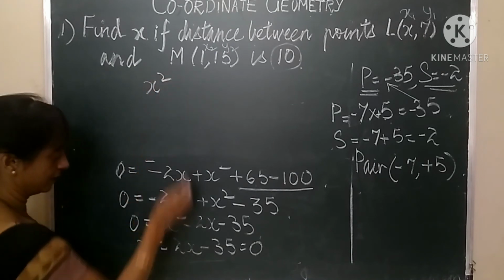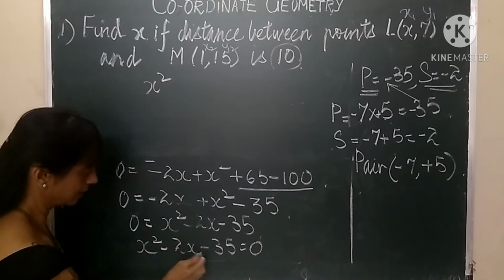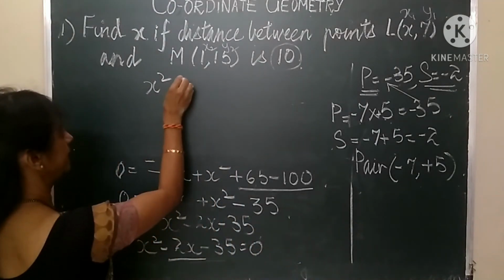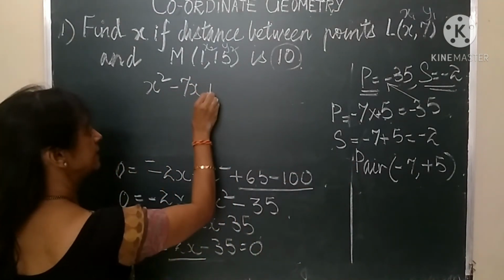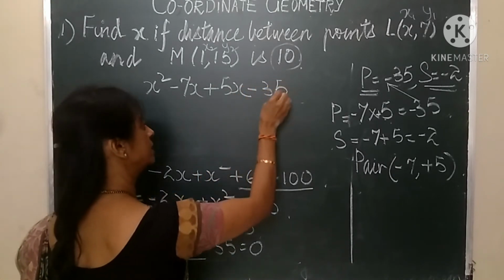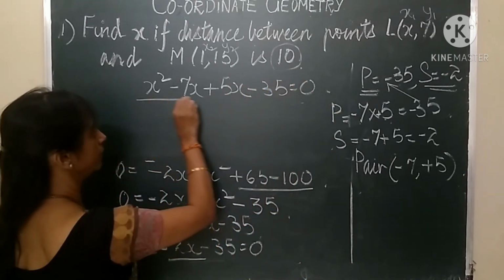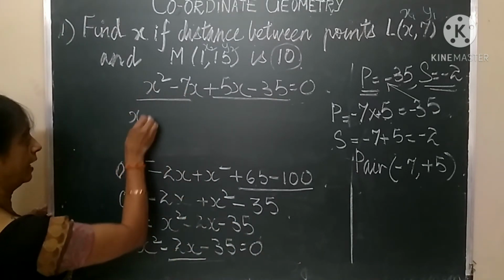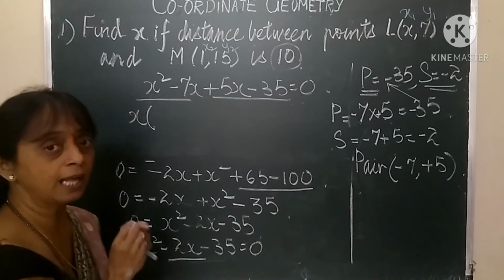So x square minus 2x we can factorize as minus 7x plus 5x minus 35, which is equal to 0. We always pair the first two, pair the last two. What is common over here? x into the bracket, the uncommon terms.